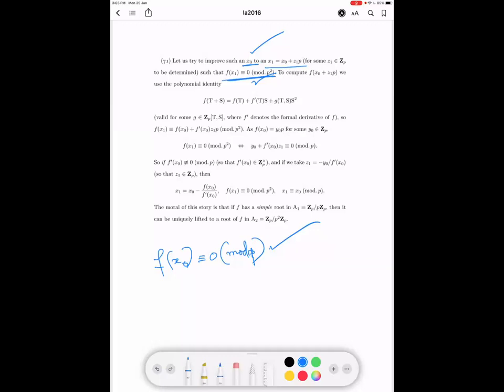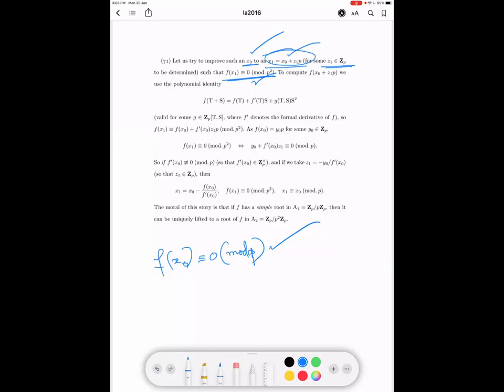Now, I'll try to find x1 because I want my x1 to be congruent to x naught modulo p. x1 will have to be of the form x naught plus z1 times p. Okay, for some z1 which is in Zp.